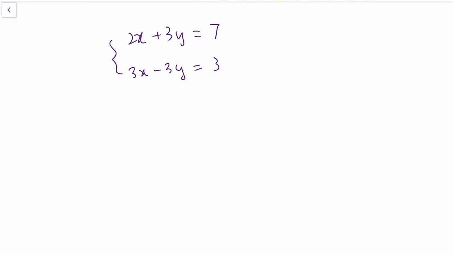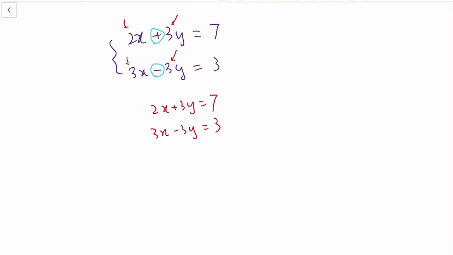Now this time the coefficients of x are different, but the coefficient of y is the same. So we can still do elimination. We can try to eliminate y. But the interesting thing is the sign before y is different. This is a plus, but this is a minus.